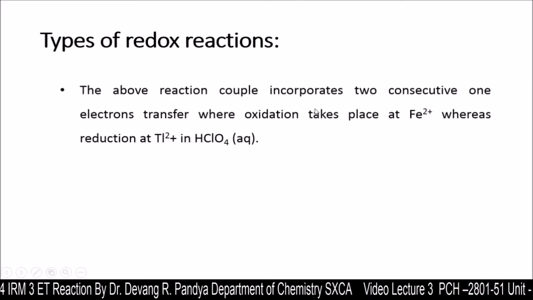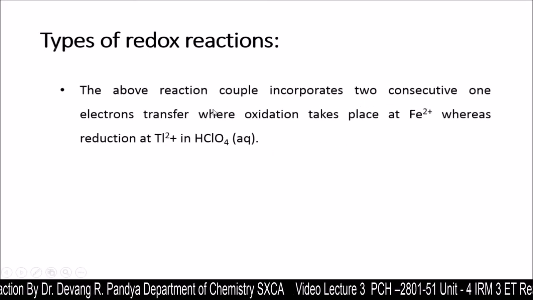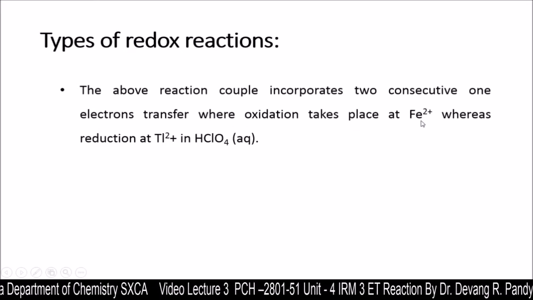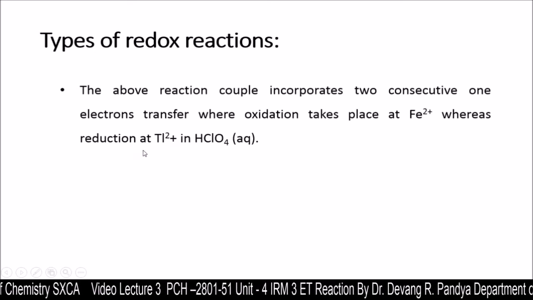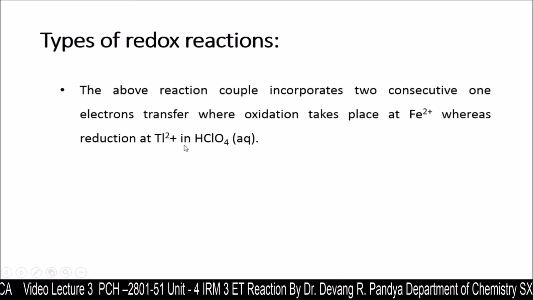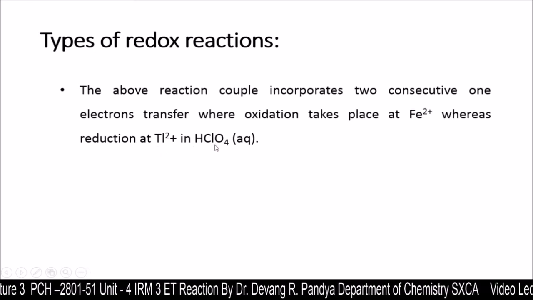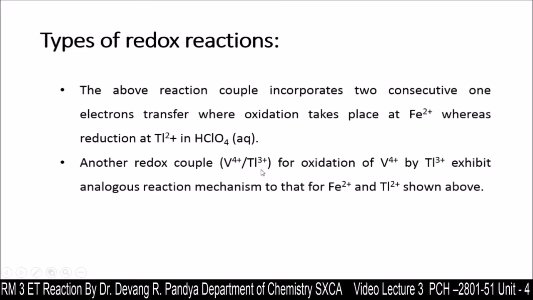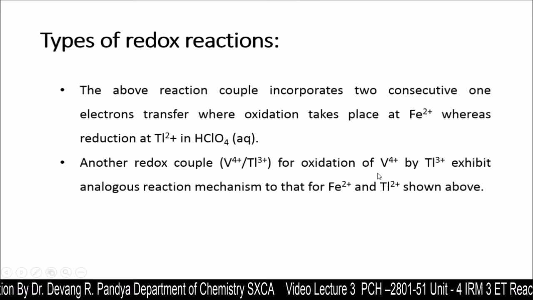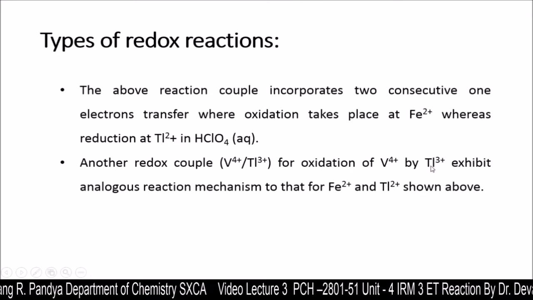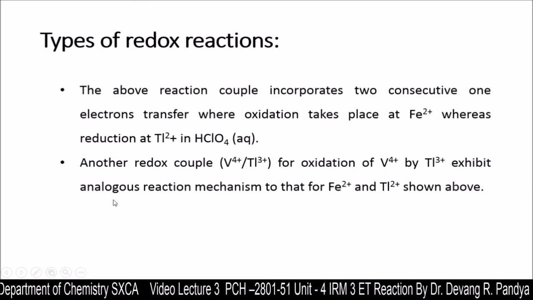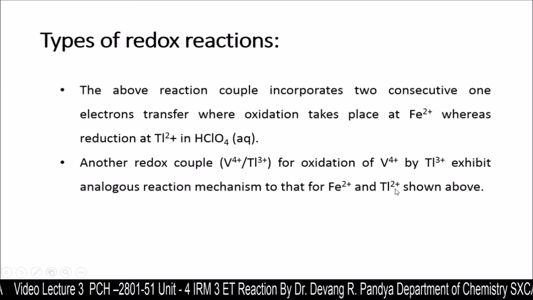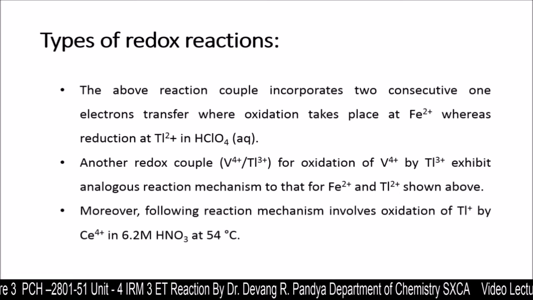The above reactions couple incorporate two consecutive one electron transfers, where oxidation takes place at Fe plus 2, whereas reaction occurs at Tl plus 2 in aqueous perchloric acid. Another redox couple, that is between vanadium and Tl plus 3, for oxidation of vanadium plus 4 by Tl plus 3, exhibits a reaction mechanism analogous to that of Fe plus 2 and Tl plus 2 shown above.